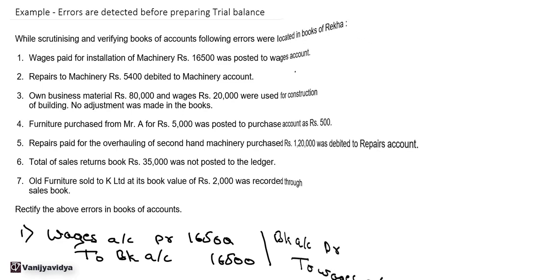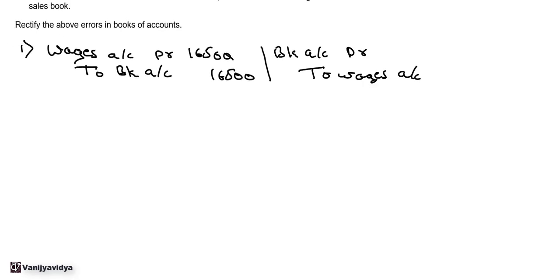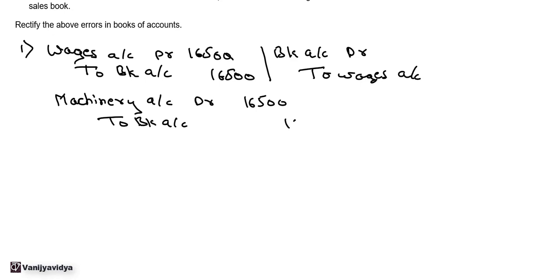So the correct entry should be your machinery account debit 16,500 to bank account 16,500. Now this wrong entry is already been posted in the books. This should have been a correct entry. So what is the process?